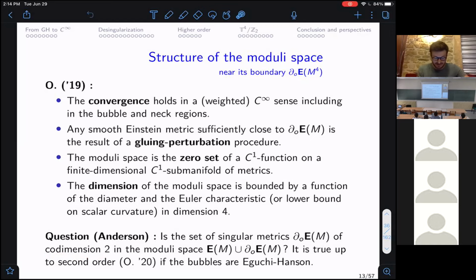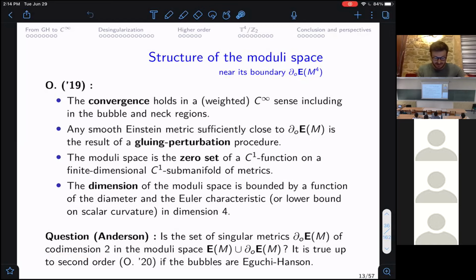And let me start from the beginning. How do we go from Gromov-Hausdorff to a smooth convergence? So first, how do we desingularize an Einstein metric? Well, by gluing perturbation. So take a Ricci-flat Hermitian metric and an orbifold, and assume that they have the same asymptotic cone.